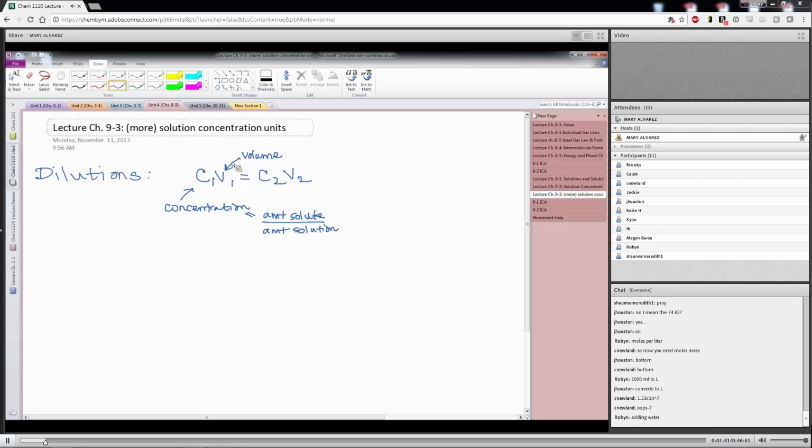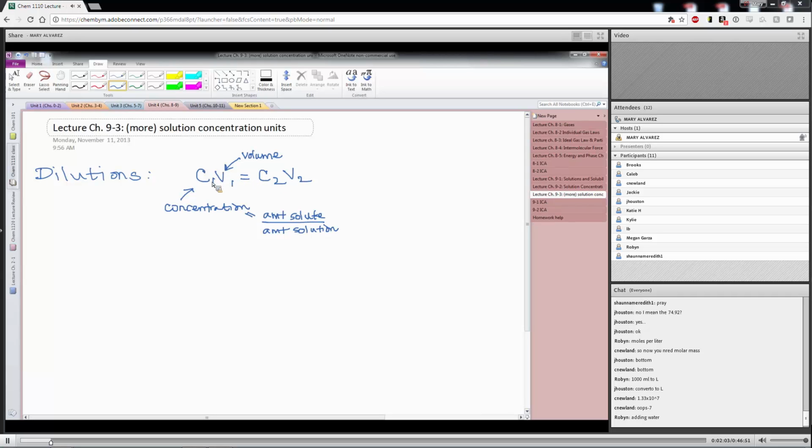So if I multiply concentration by the volume of my solution, I'm canceling that out essentially, and I'm left with the amount of solute, which never changes in a dilution because I'm not adding more solute. I'm always adding more of the liquid to increase the volume of the solution. So essentially this is saying the amount of solute stays constant.